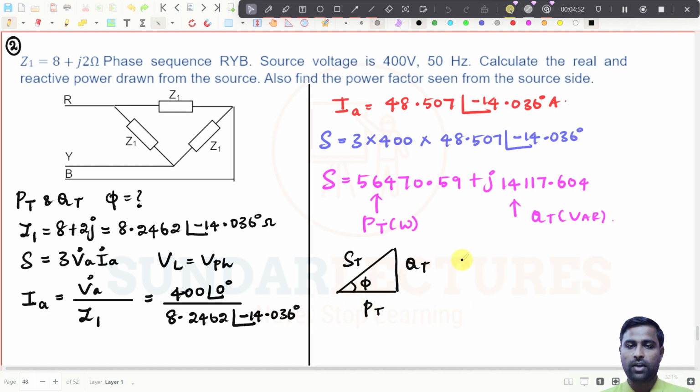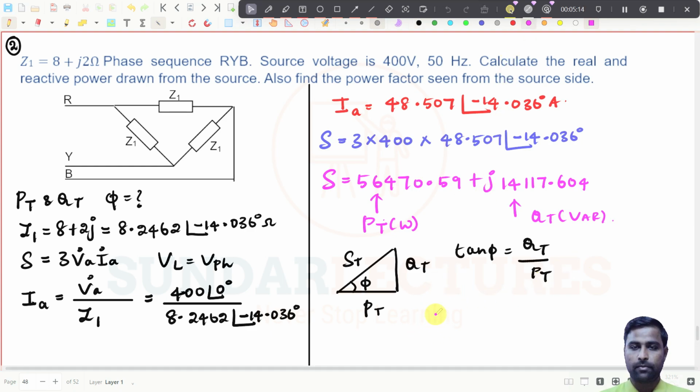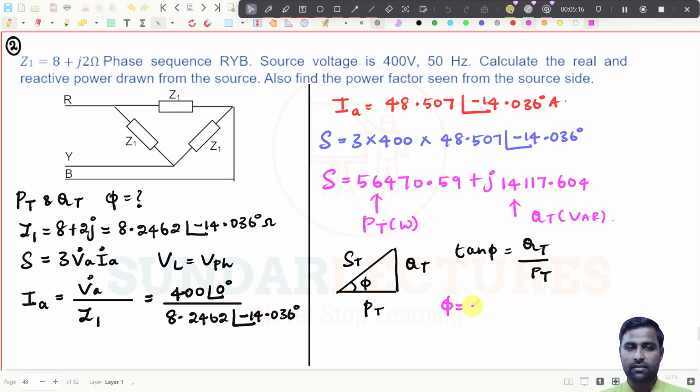If you write tan phi, that is opposite side by adjacent side, it will be QT by PT. So if you finally find the value of phi, obviously you have to get it as 14.036. This is the value of phi.